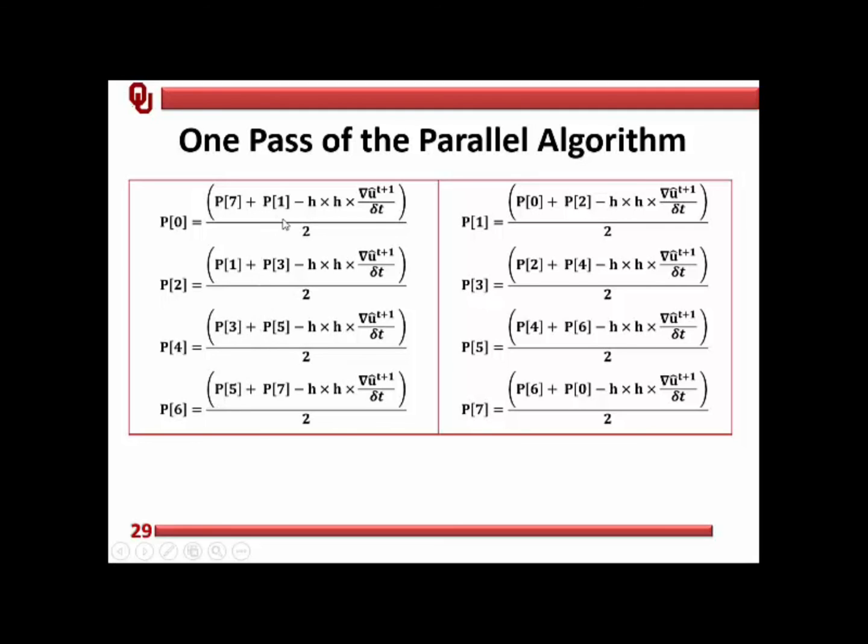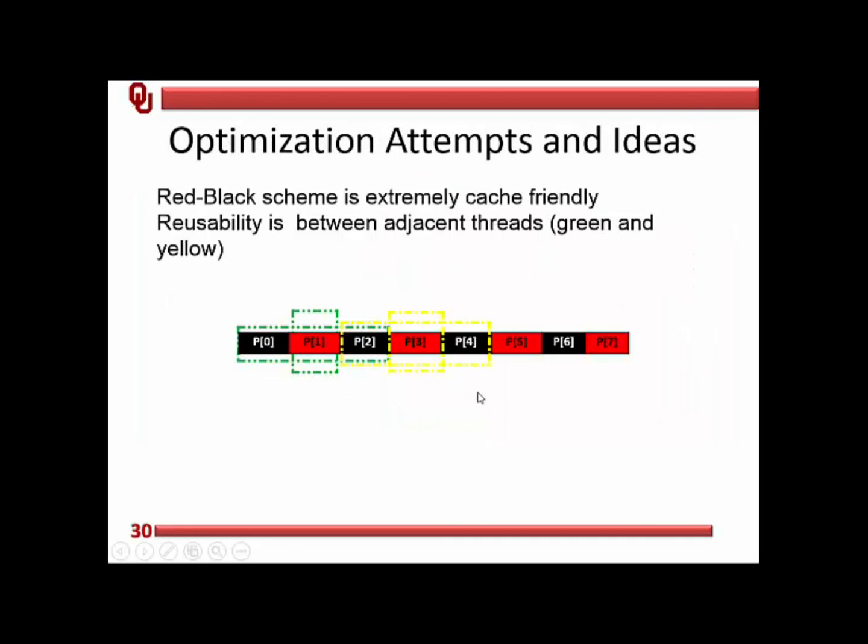So you basically only have one global memory access, and then the rest will reside in the cache. Similar thing for the odd numbers. As I said, we have two threads here, one to calculate P1, one to calculate P3, and there's a lot of reusability in cache in there.